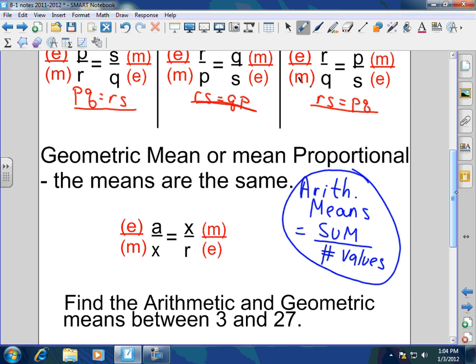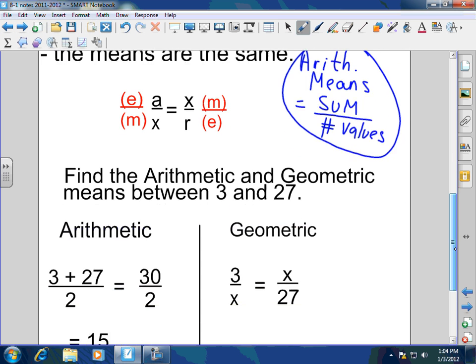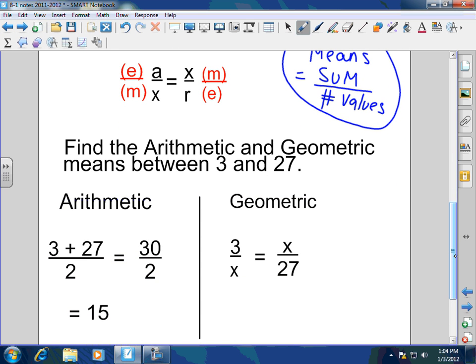I want an arithmetic mean and a geometric mean. So what would the arithmetic mean be? Some people are saying 15, some people are saying 12. Well, to find the arithmetic mean, wouldn't I find the total sum? 3 plus 27 is 30, over 2. So the arithmetic mean is 15.